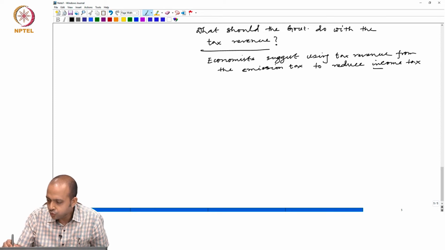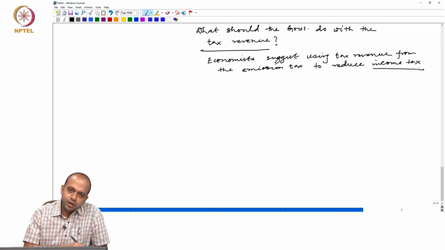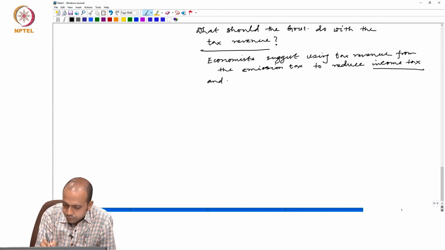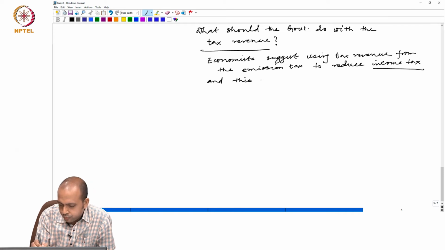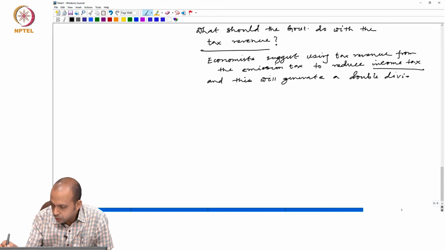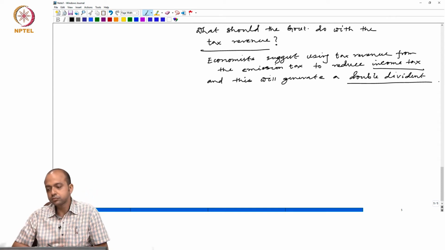Now, why income tax rate? And this will generate a double dividend. Now, how does this double dividend work?